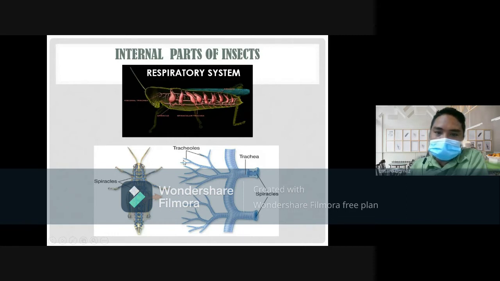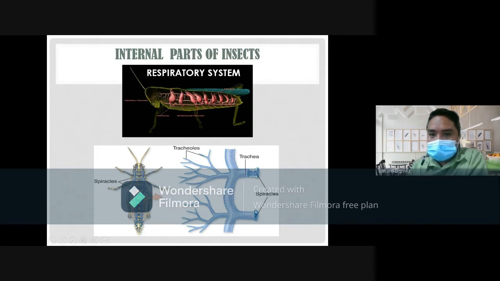Tracheals, the small tubes, are where the oxygen passes. The small tubes are what you call tracheals. The main tube is what you call the trachea.